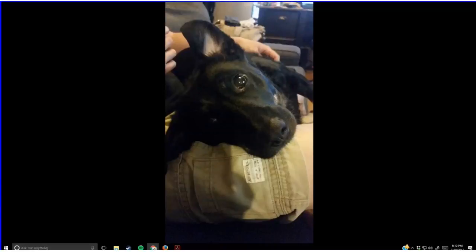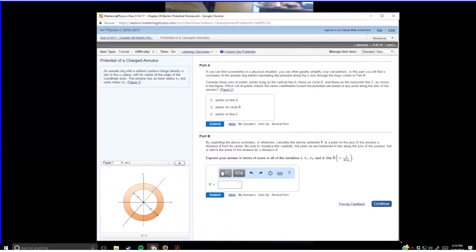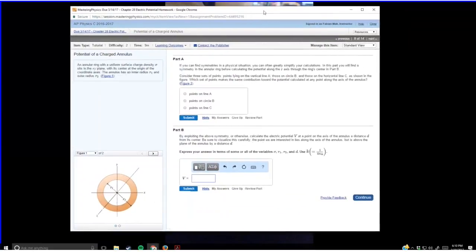You've got the annular ring. It has a certain surface charge density. It's an annular ring, so it's not just a small thickness on this dimension. It's actually kind of thick, so it has an outer radius and an inner radius.